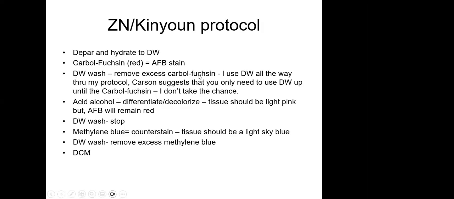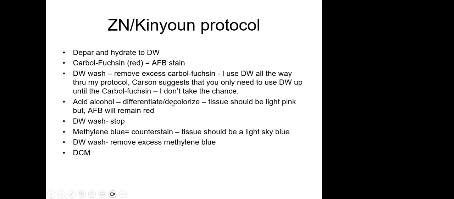So this first distilled water wash is going to take off that gloopy, gloppy carbofuchsin. But then you have to differentiate that carbofuchsin out of everything else other than your AFB. So we do that with an acid alcohol.